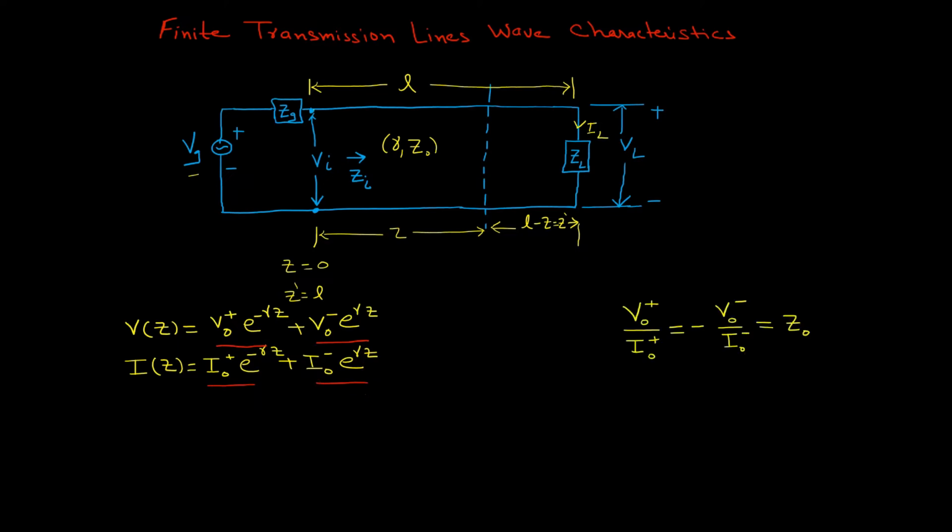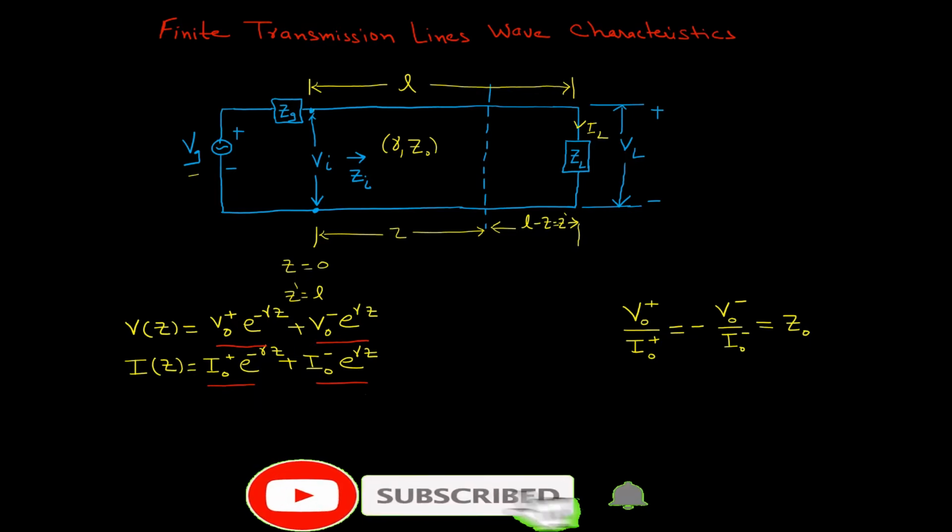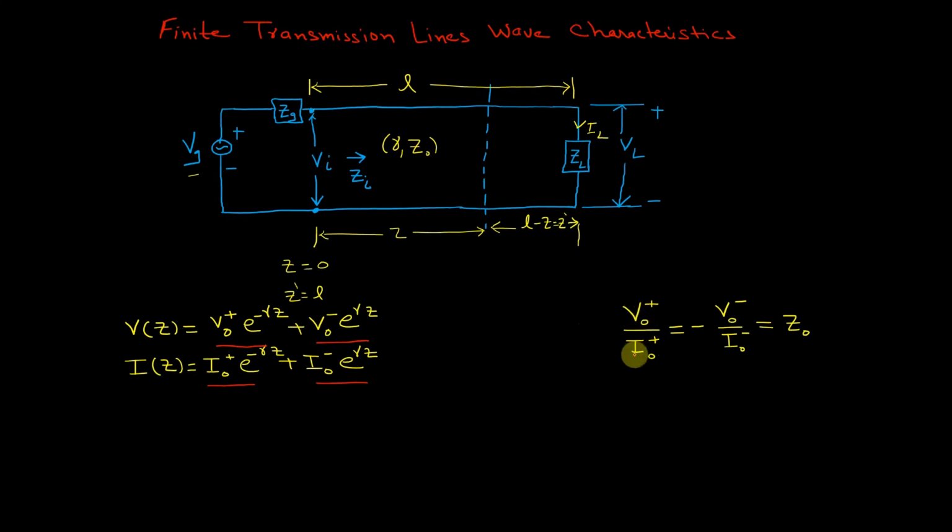Now the characteristic impedance is defined as the ratio of the transmitted voltage and the transmitted current. You can also define it for the reflected wave. For the reflected wave, the ratio will be voltage upon current, but the sign will be different, a negative sign is there.